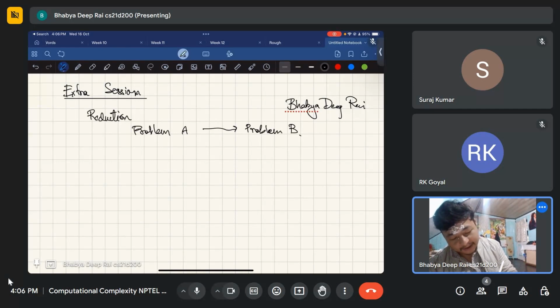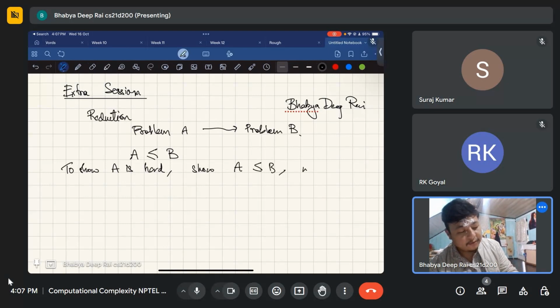We show that a problem A reduces to B. If A reduces to B, any instance of A can be converted to an instance of B. So, to show A is hard, show that A reduces to B where B is a known hard problem.